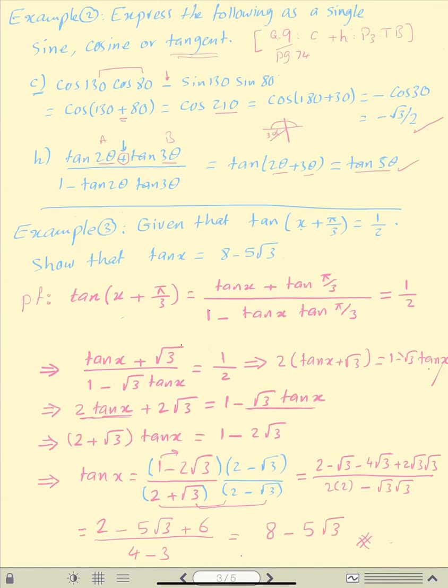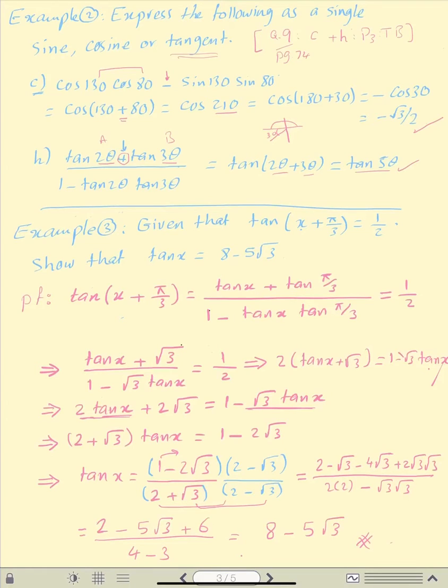Next example, another way of asking, which is a bit more difficult. Given that tan of x plus pi over 3, the radian form, is equal to half, show that tan x equals 8 minus 5 radical 3. How do you prove this?